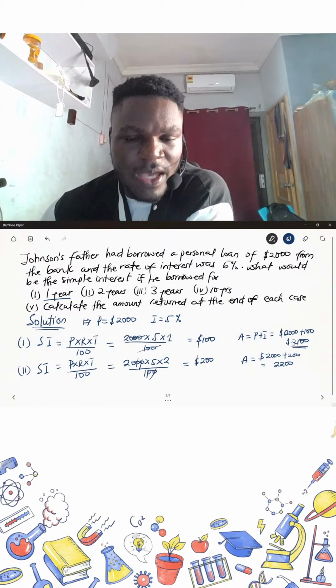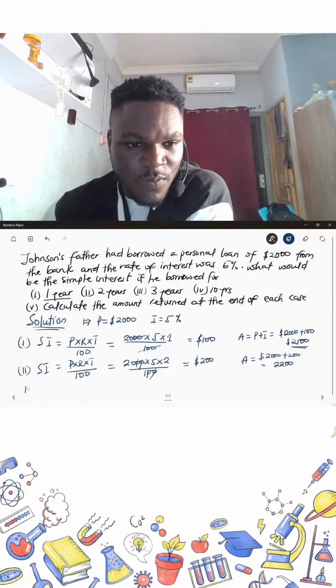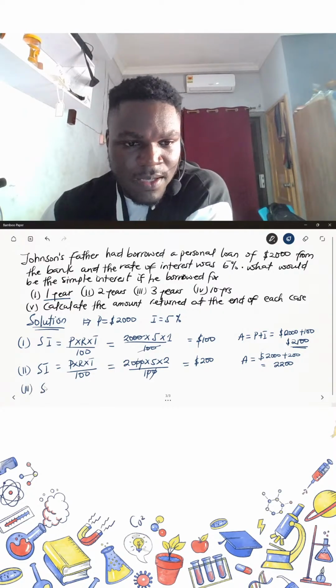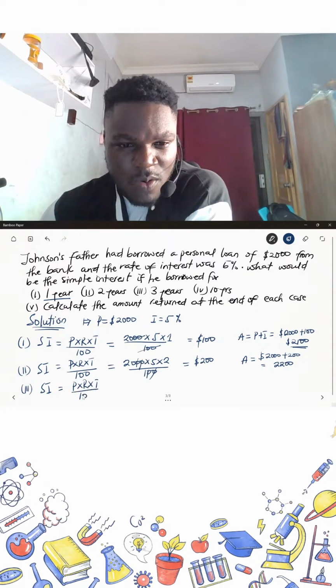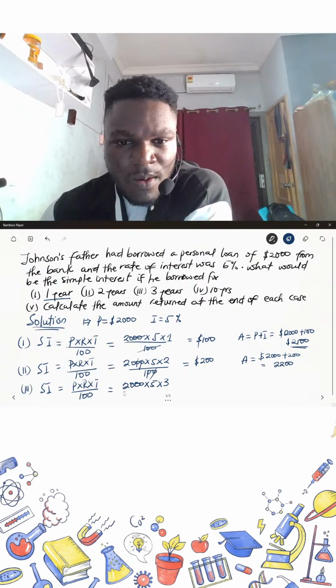Okay, so we'll do the exact same thing for the third year. The simple interest will still be the principal multiplied by the rate and then the time, all over 100. The calculation is 2000 multiplied by 5 multiplied by 3, all divided by 100.